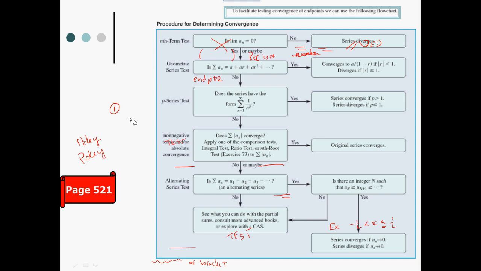If you look at page 521 in your book, a nice flow chart is there showing you what to do once you've plugged in endpoints.